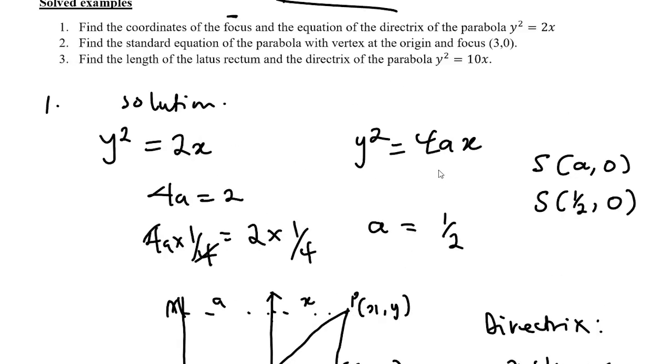That is that. Now our next question says, find the standard equation of the parabola with vertex at the origin and focus (3, 0).